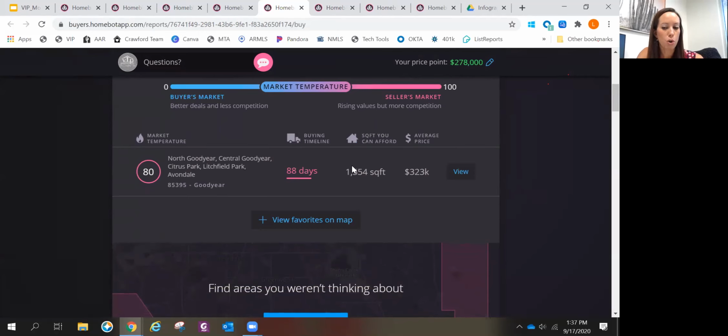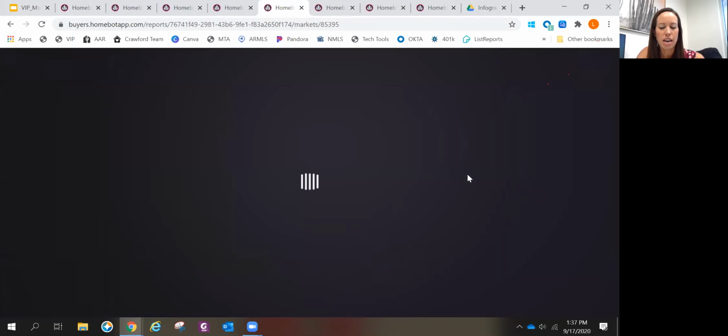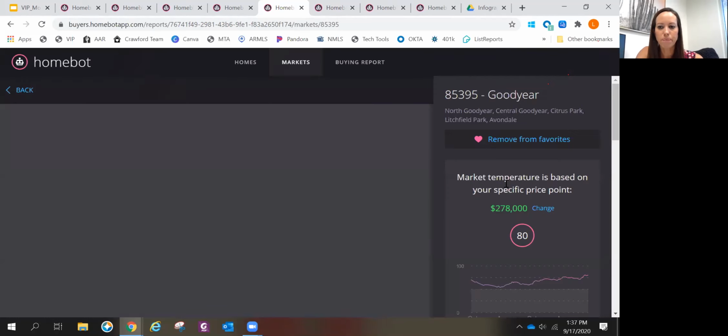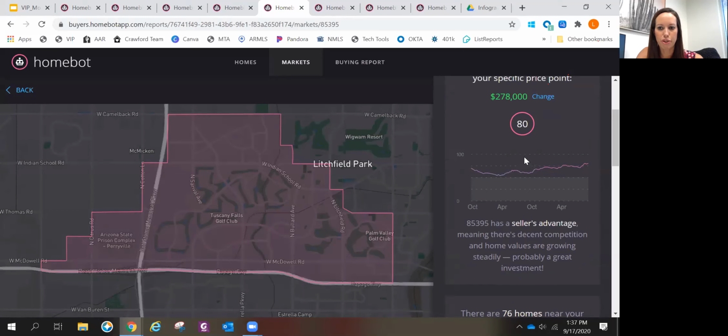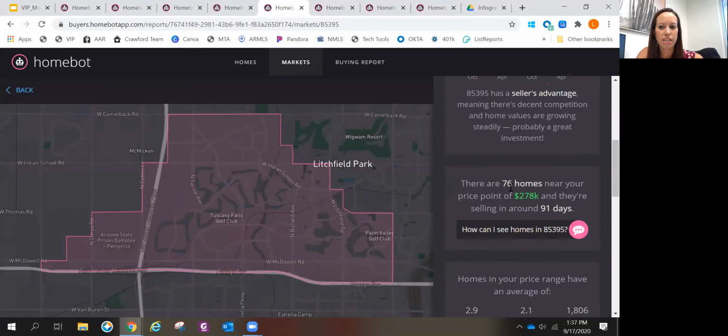The average home that he could afford based upon his price point is 1,554 square feet, and that would be $323,000. If you hit view, it actually shows you for what areas he's picked, what the market temperature is. So in this one, it has a seller's advantage. There's only 76 homes in that area around that price point, and they're selling in an average of 91 days.